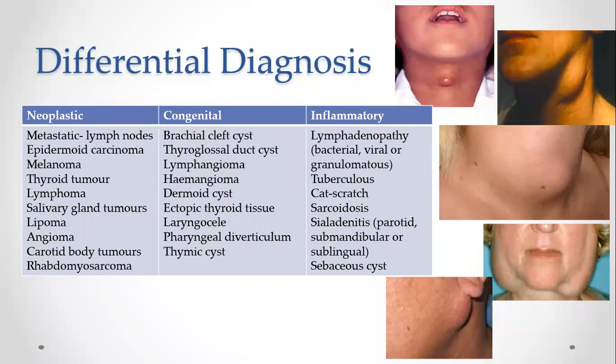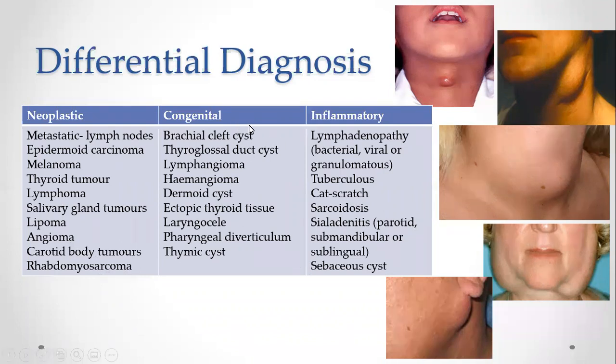Salivary gland tumors can be parotid or submandibular. Lipoma, angioma, and carotid body tumors are benign lesions. Rhabdomyosarcoma is very, very rare.